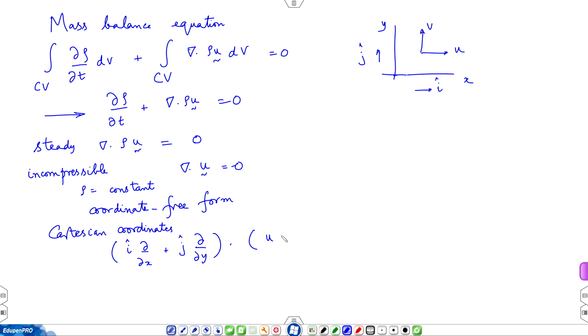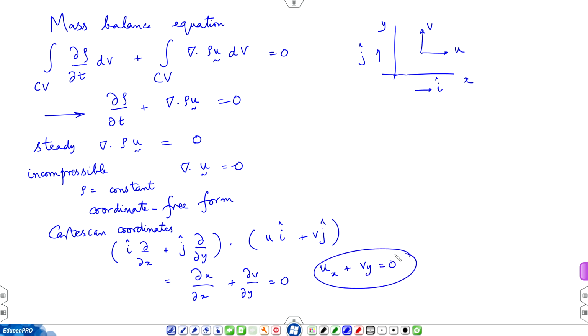So, that is u i plus v j, which quickly you can solve and get del u del x plus del v del y equal to 0. In compact form, written as u x plus v y equal to 0, where the suffix indicates partial differentiation. So, it is just del u del x plus del v del y equal to 0.